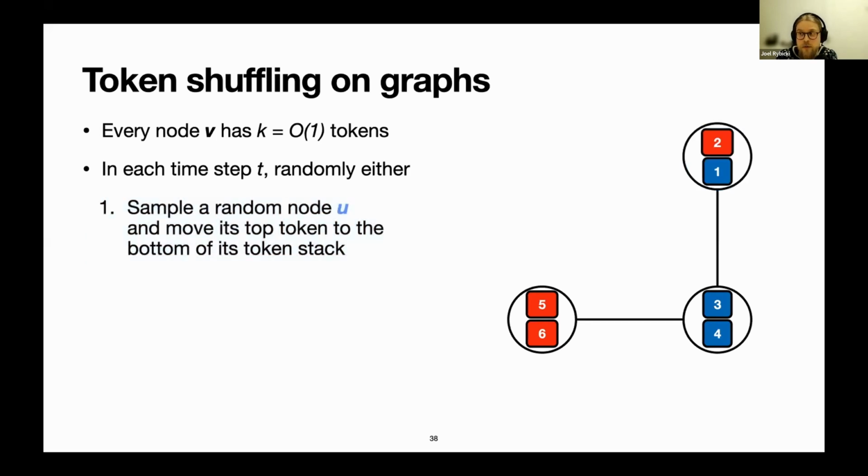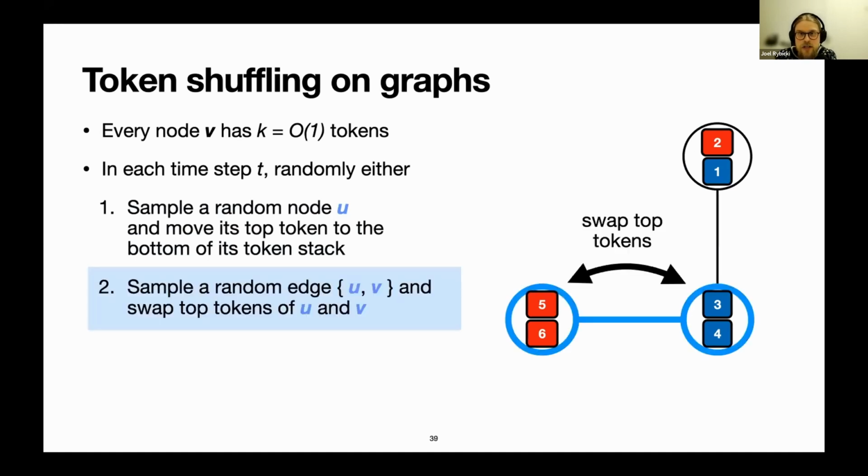So this is the first type of operation that we can apply. The second type of operation is to sample a random edge and swap the tokens of the nodes connected by this edge. So in this example, these two nodes that are selected will swap the tokens 3 and 5.